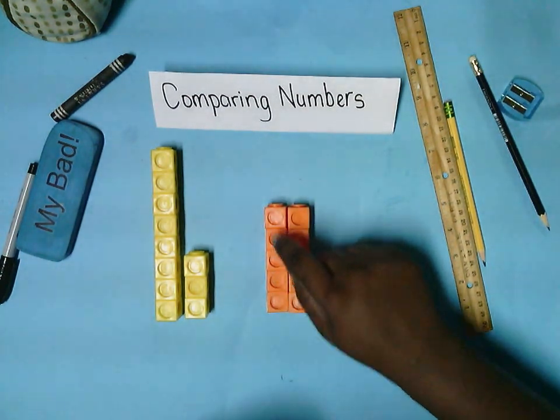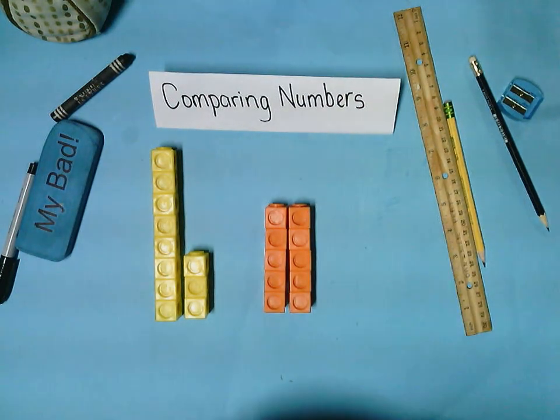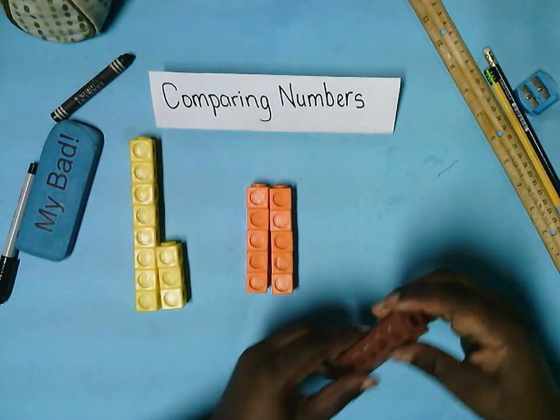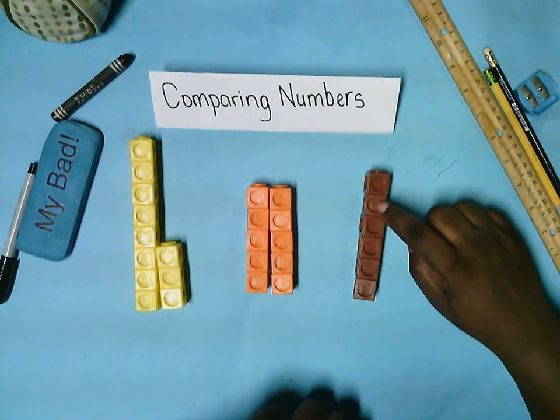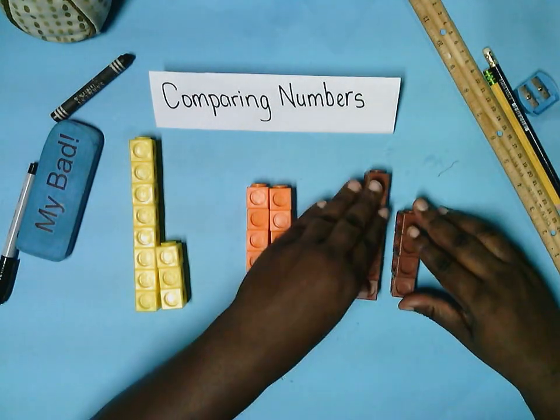And then I have these two sets. 1, 2, 3, 4, 5 here. 1, 2, 3, 4, 5 here. So both sets have 5. So that means they are equal. And then here I have another two sets of blocks. 1, 2, 3, 4, 5, 6. And 1, 2, 3, 4.